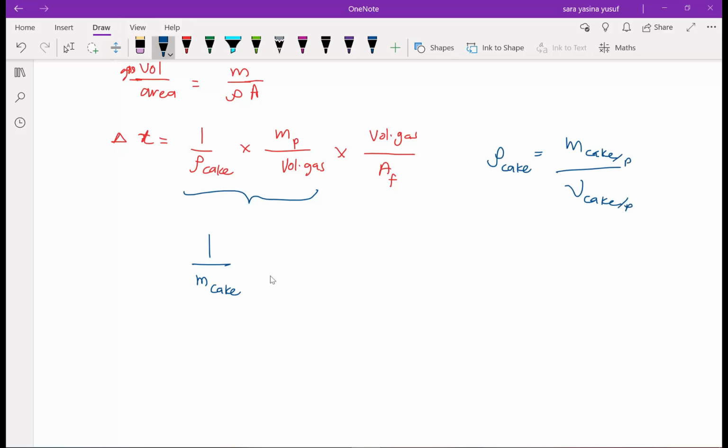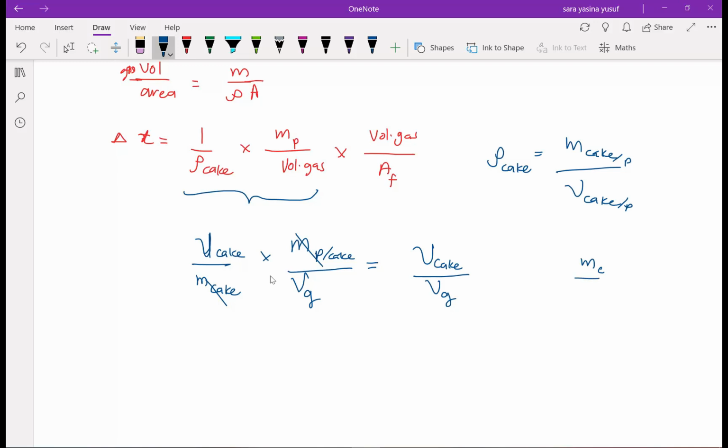So mass cake over volume, so volume will go up, times M of particles here is m cake, it's the same, and volume of gas. So this can be cancelled off, so we actually get volume of cake over volume of gas that will pass through. So what is this actually in the concept of particle removal or particles collection? Do you still remember?